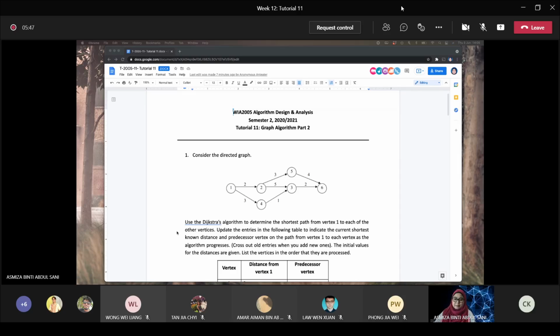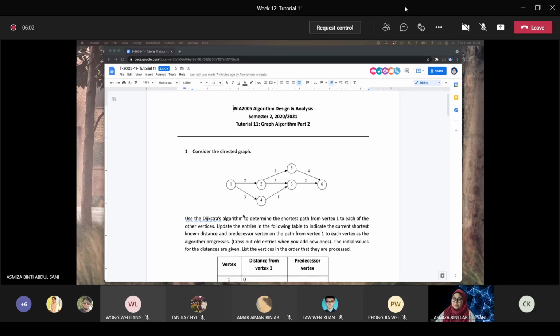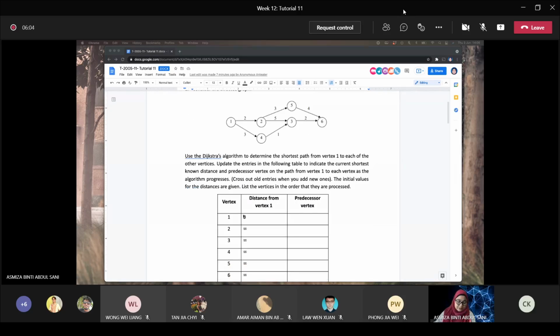Because somehow you might be missing the way you choose the edge, you might be missing the shortest path, basically the negative edge. That's why we looked into Bellman-Ford, whereby that graph algorithm can take care of negative edges, provided you do not have a negative cycle inside the graph.